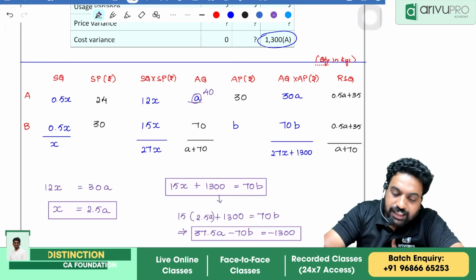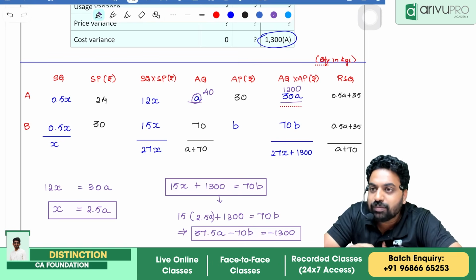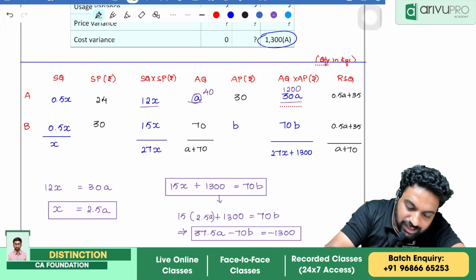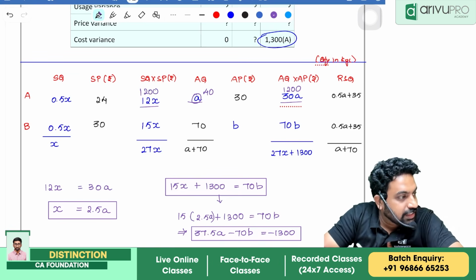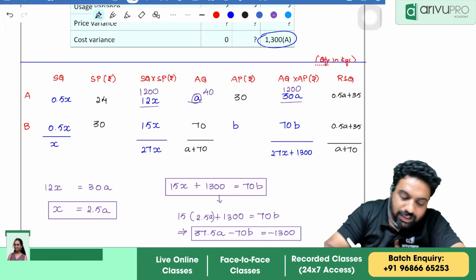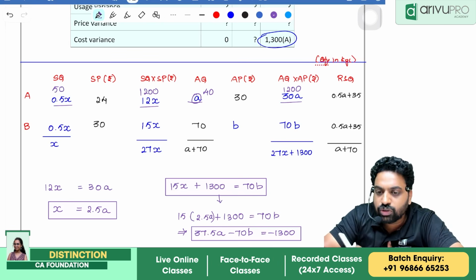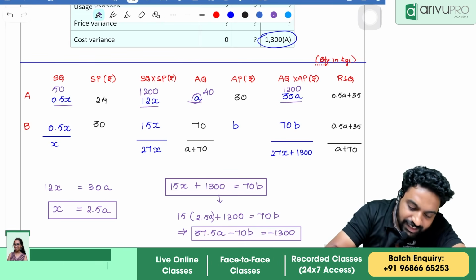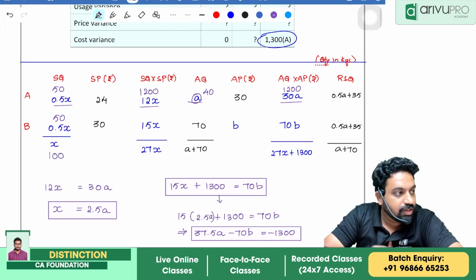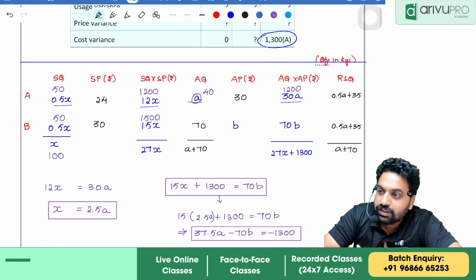Now 40 into 30, 1200. One more information we know: standard cost is equal to actual cost for A. So this will also be 1200. There was some quantity I multiplied with 24 that gave me 1200. That means this should be 50. 50 into 24, 1200. If that is 50, this should be 50 into 30, 1500.